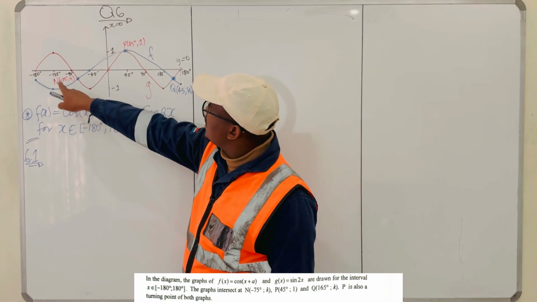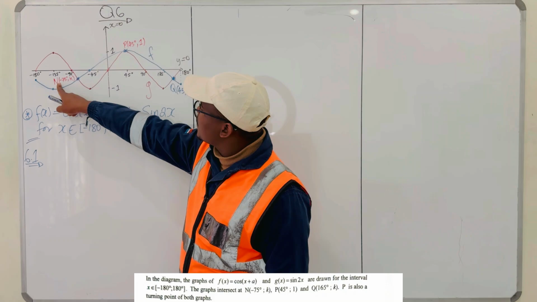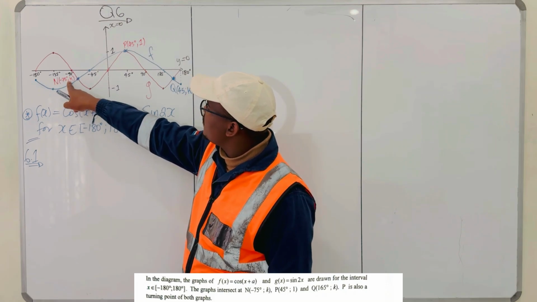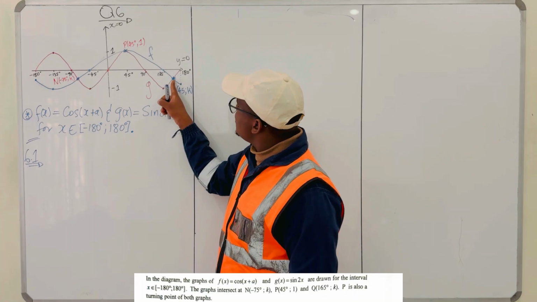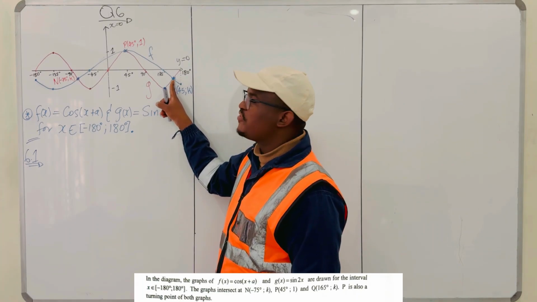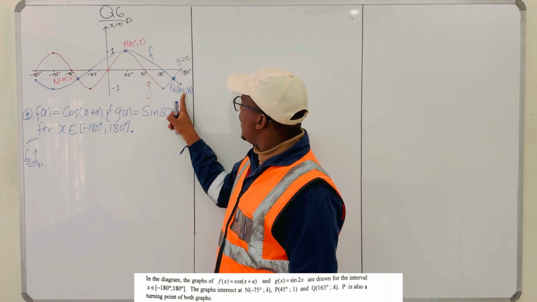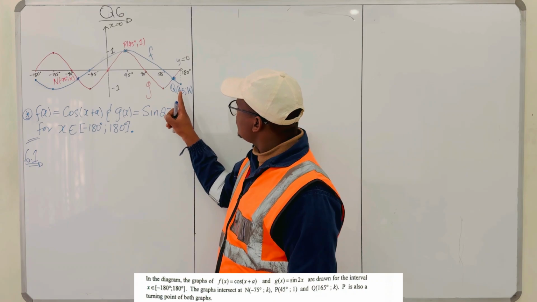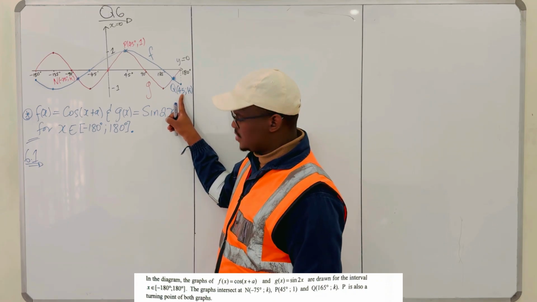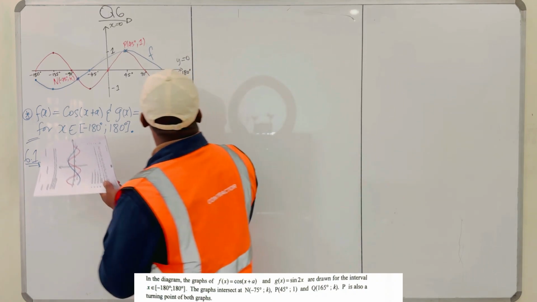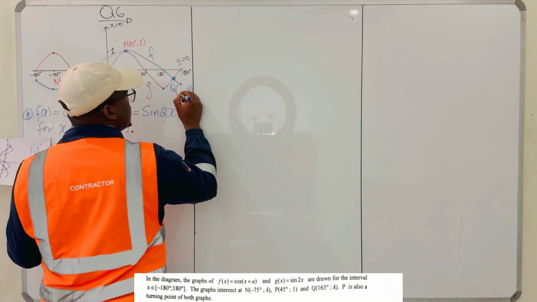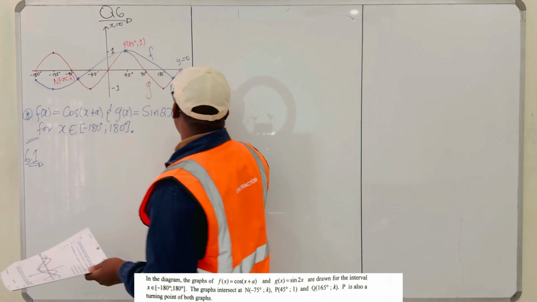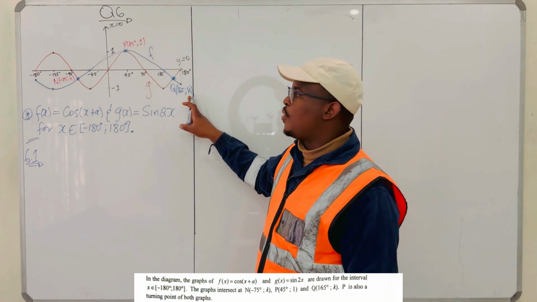So you can see that the coordinates of N are incomplete. You have the x coordinate, but you don't have the y coordinate. The coordinates for P are complete. The coordinates for Q are also not complete. You have half the coordinates. You have x as 165 here, and you have k as the y value.